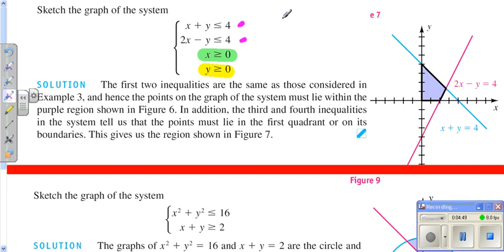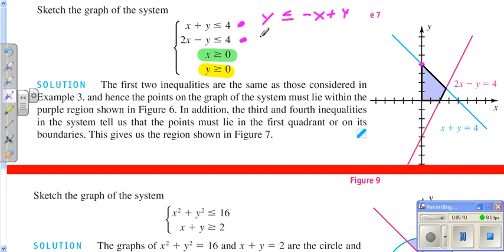Now, the easiest way to graph these is I would go ahead and get y by itself. Here I know my y-intercept is 4, my slope is negative 1, so I go down 1 over 1, down 1 over 1, and so on. And so I get this blue line.